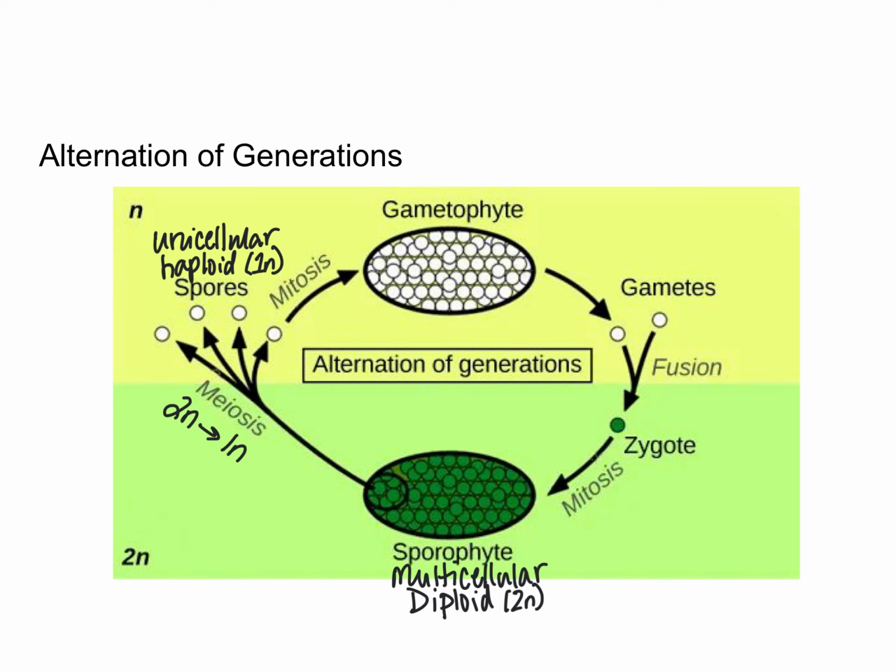If these spores find a place to germinate, they go through mitosis. And because the spores are haploid, they produce other haploid cells. So as they go through mitosis, they form a gametophyte, which is multicellular, and all the cells are haploid.